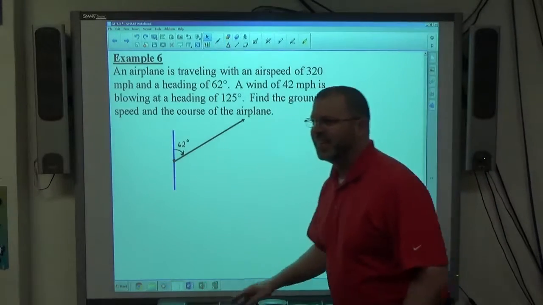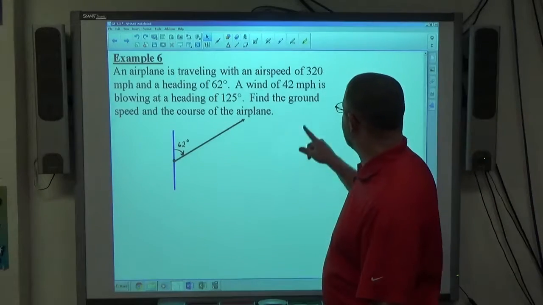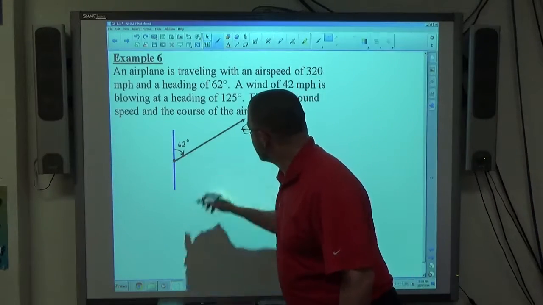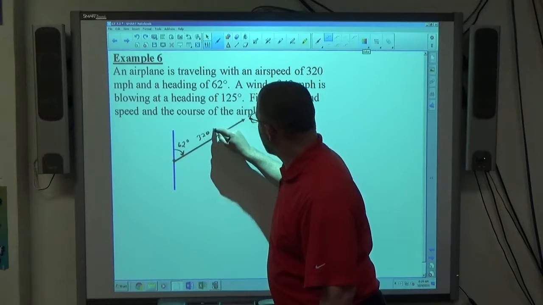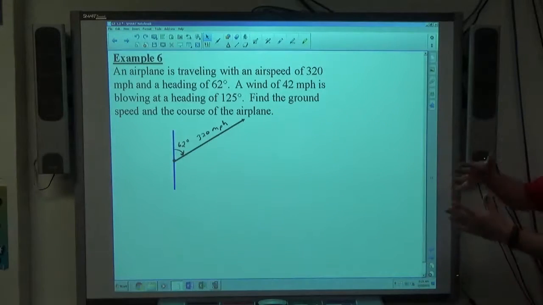So that's the plane's vector, and the speed is 320 miles per hour. Let's put that on there also. So the magnitude of the plane's speed is 320, and the direction of the plane is 62 degrees. That's what they're purposely trying to fly right now.